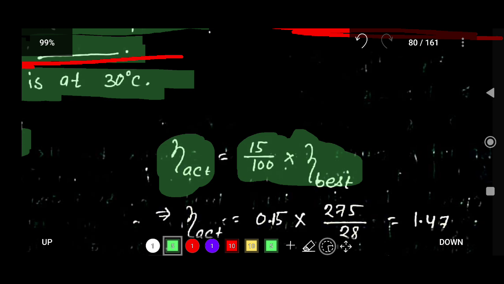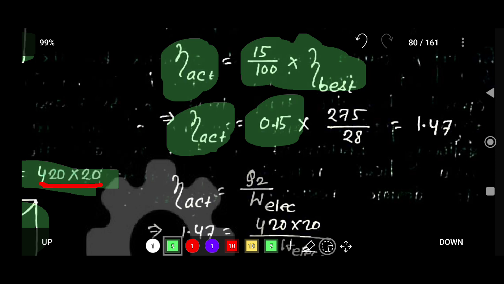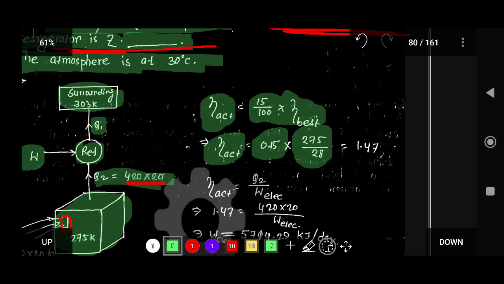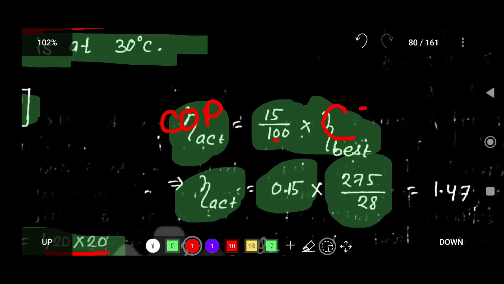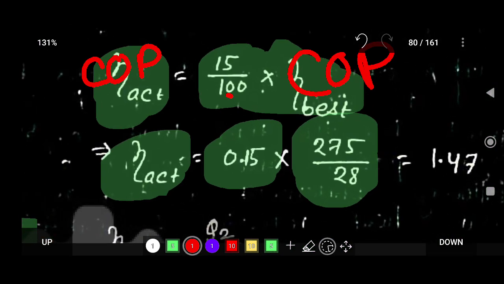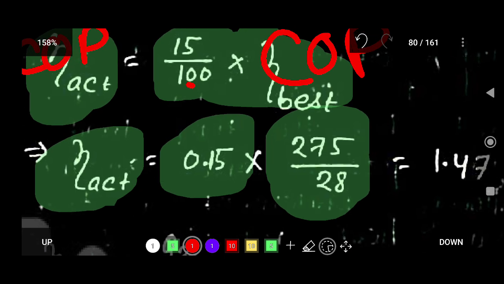If you want to calculate the actual COP, that is equal to 0.15 into the best COP. The best COP is equal to TL upon TH minus TL.